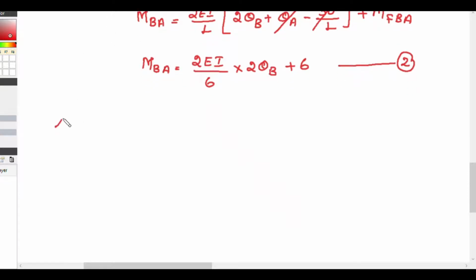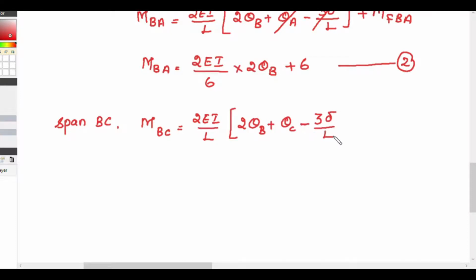So for the span BC, our moment MBC will be equal to 2EI by L into 2 theta B plus theta C minus 3 delta by L plus MFBC.